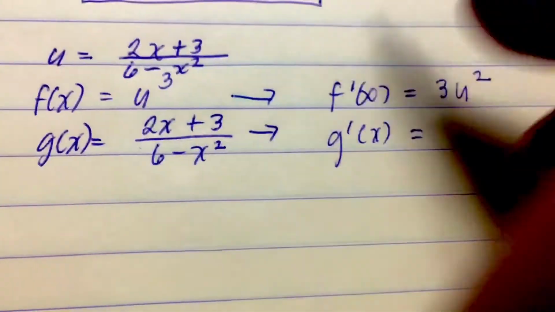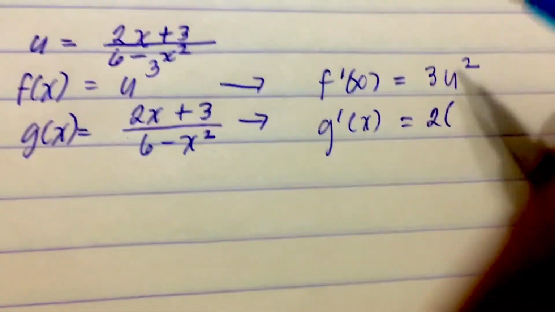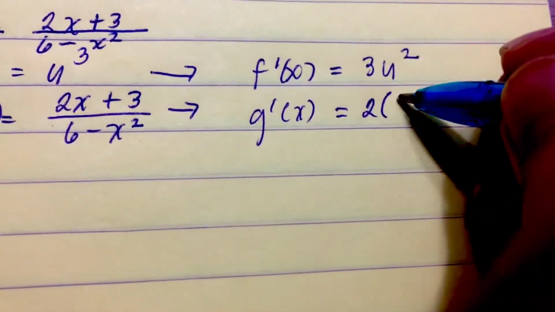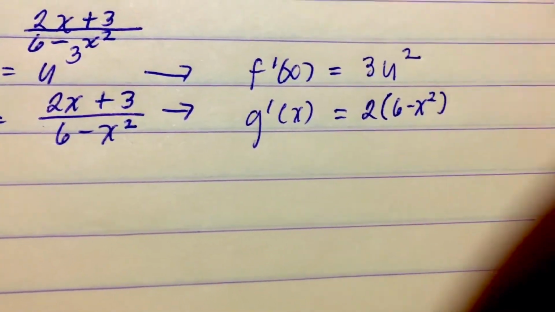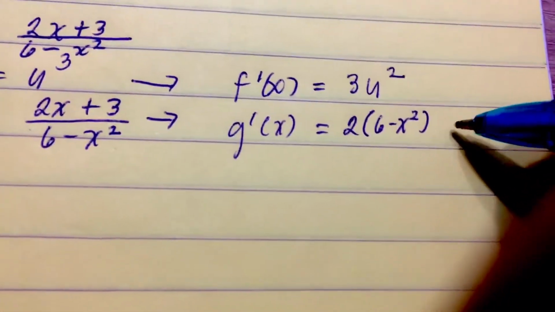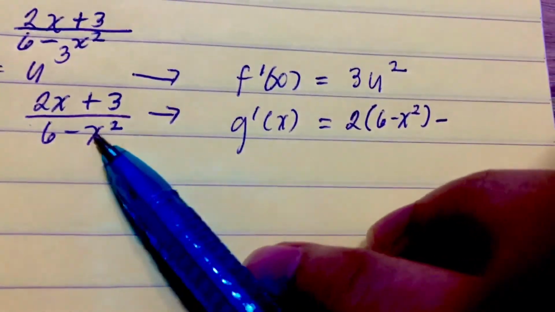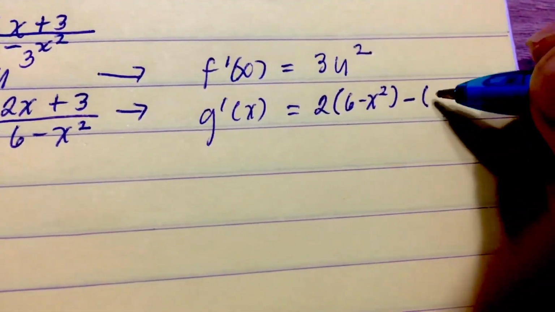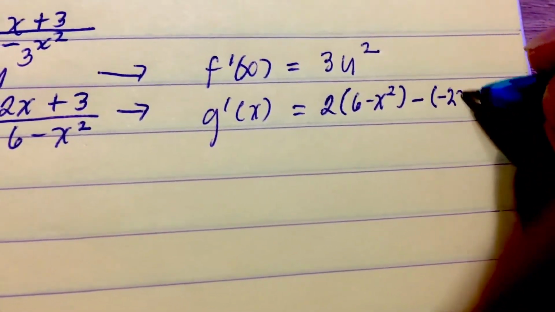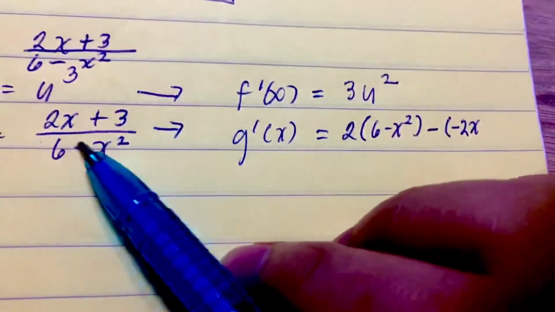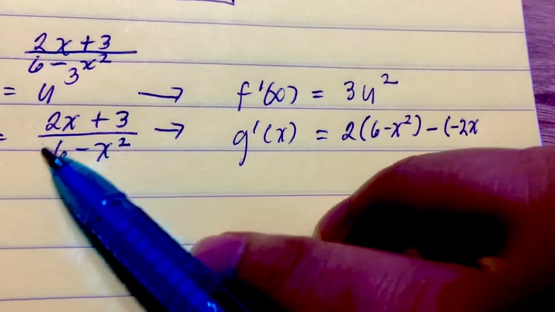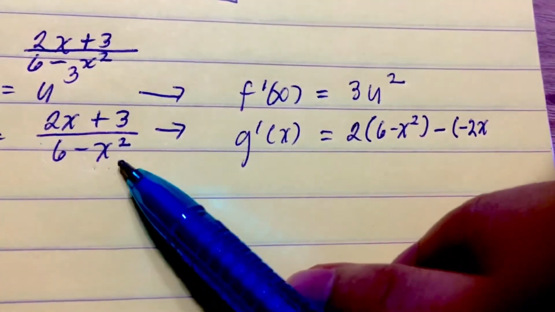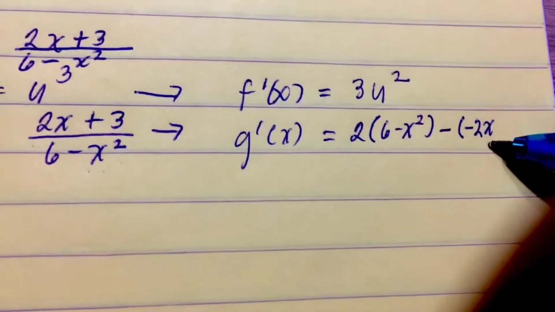So only this one is 2. Then multiply by your second function, so 6 minus x squared. Then minus the derivative of your second function, which is negative 2x only, because this is a power and this is constant, so 0 minus 2x. Okay, that is negative 2x.